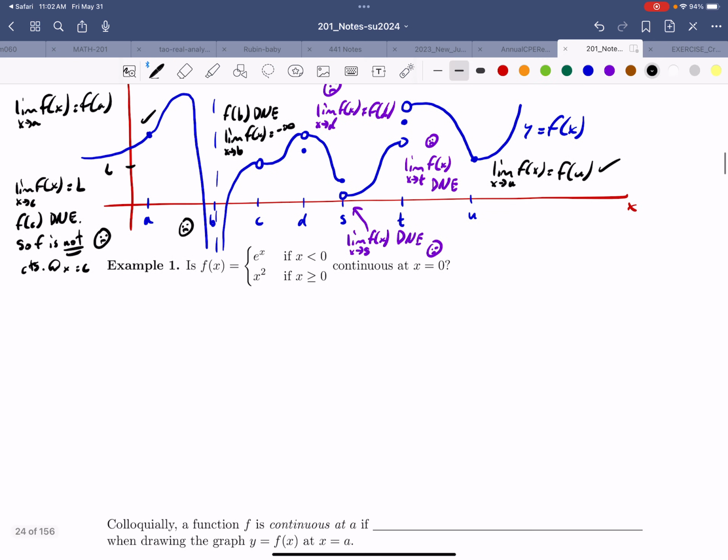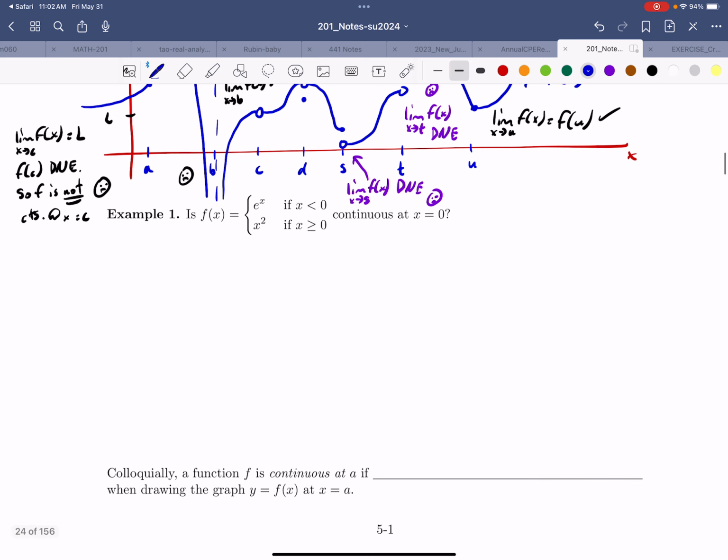Okay. So let's take a look at this problem. We have a piecewise function. Now, this is basic enough that we can graph it. I'll stick with the pattern of using red for the axes and blue for the graph. So here we have e to the x.